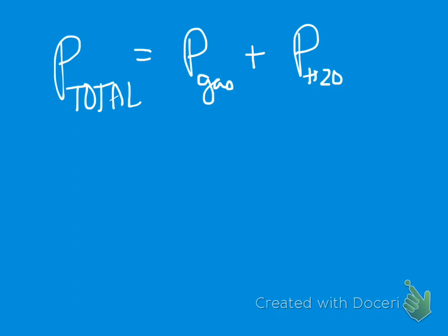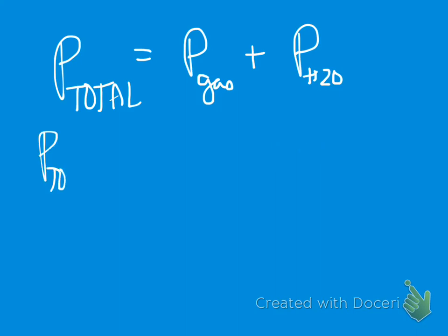So what is the partial pressure of water at 20.0 degrees? 17.5, and I believe that is torr. Millimeters of mercury, torr.